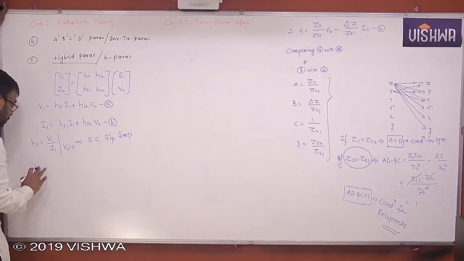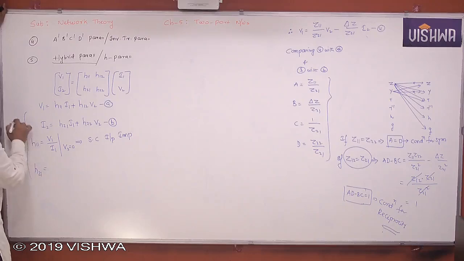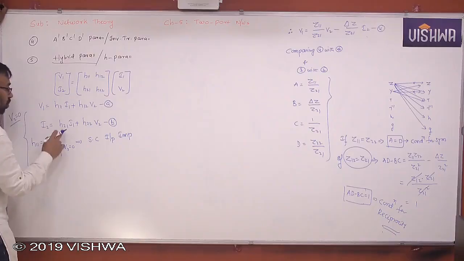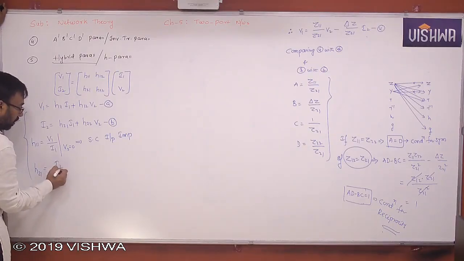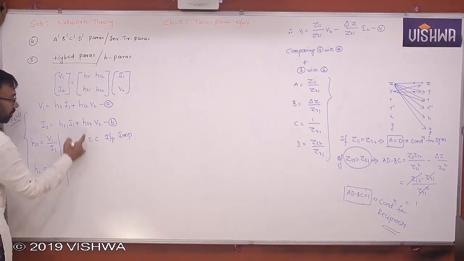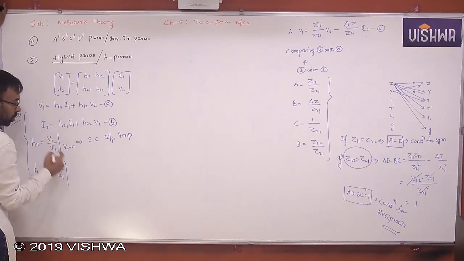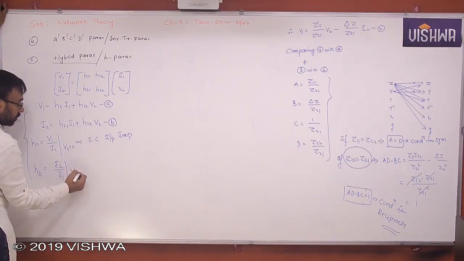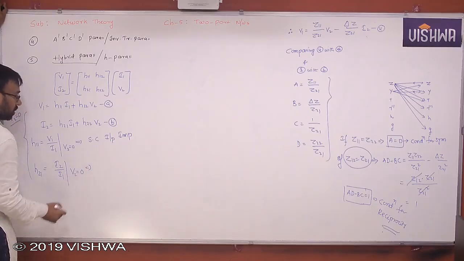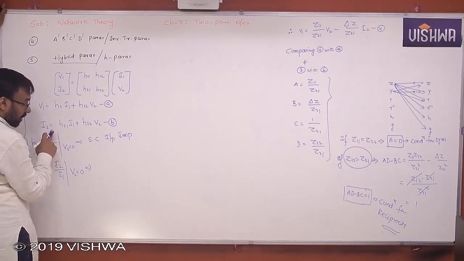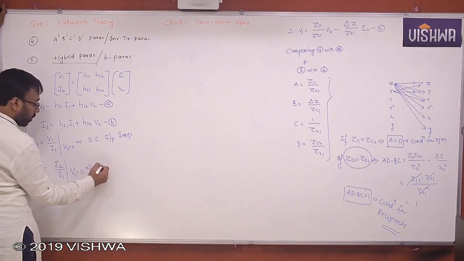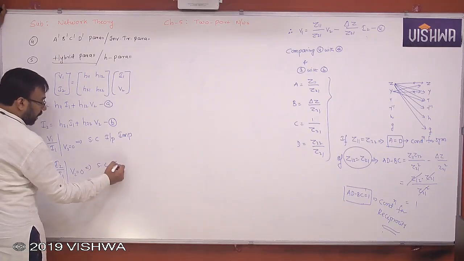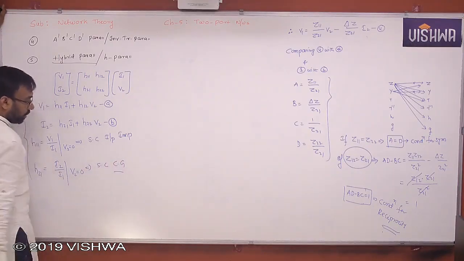Because when V2 is 0, you will get two parameters. One is H11, the other is H21. What do you get here? I2 by I1. Yes or no? When V2 is 0, you will get H21, that is I2 by I1. Short circuit input impedance is the first one. The other one is short circuit current gain, forward current gain or current gain.